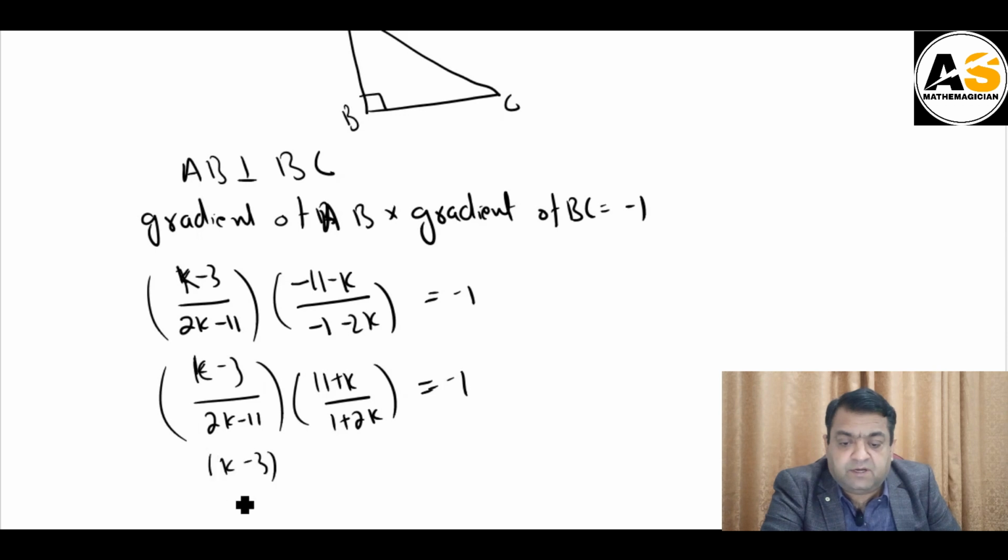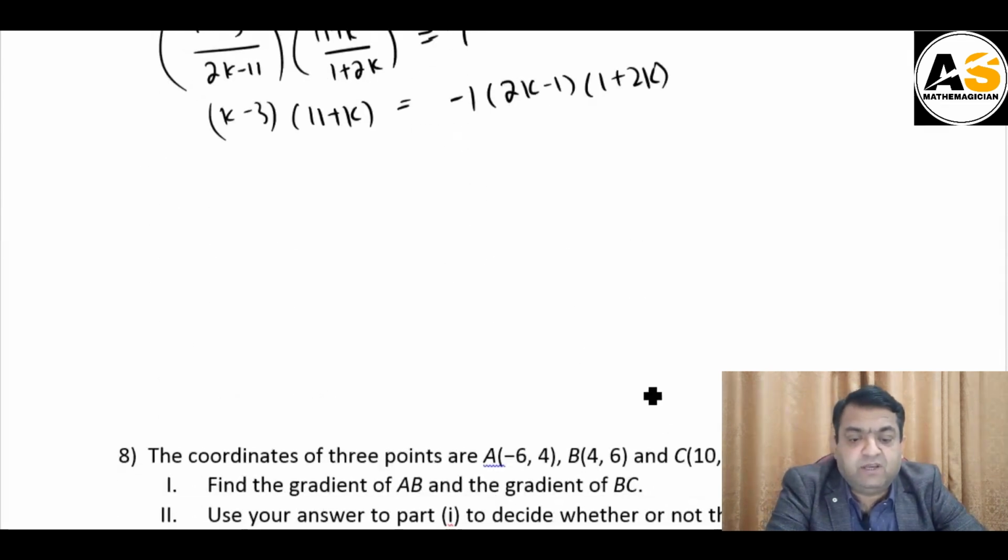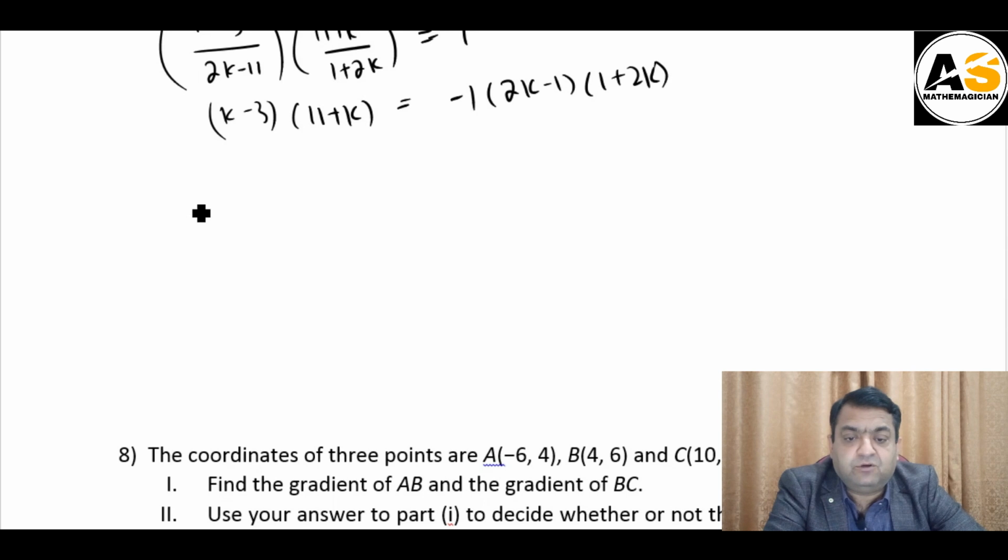Further, (k minus 3) into (11 plus k) is equal to minus 1 into (2k minus 11) into (1 plus 2k). You can understand we are going to get a quadratic equation from here.